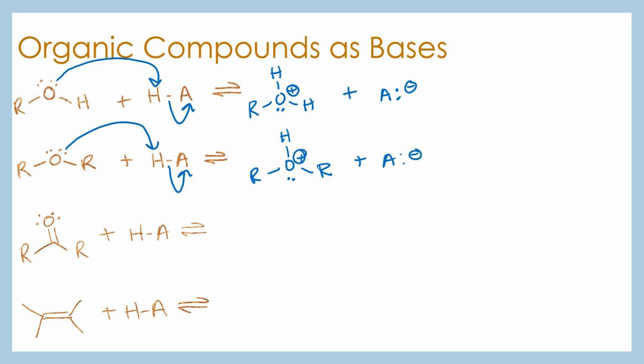And you can do the same thing with ketones. You can actually protonate a ketone and then this has a cool resonance form that ends up being the foundation of a lot of chemistry in OChem 2.